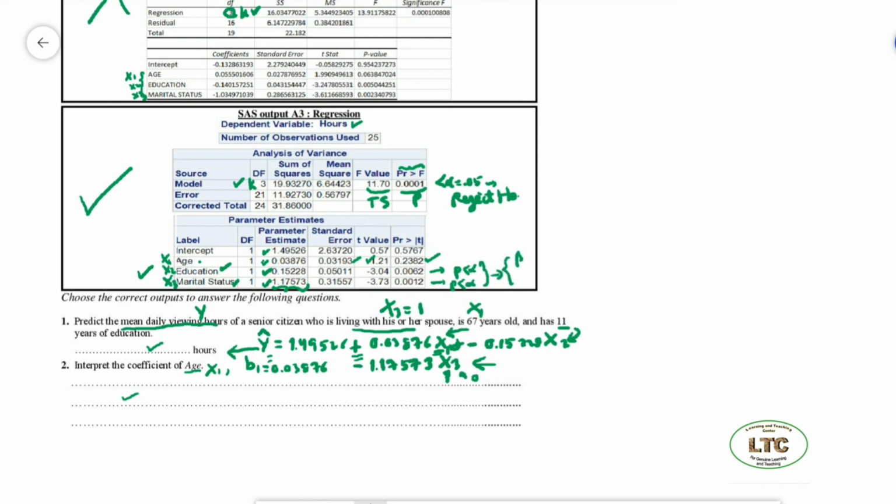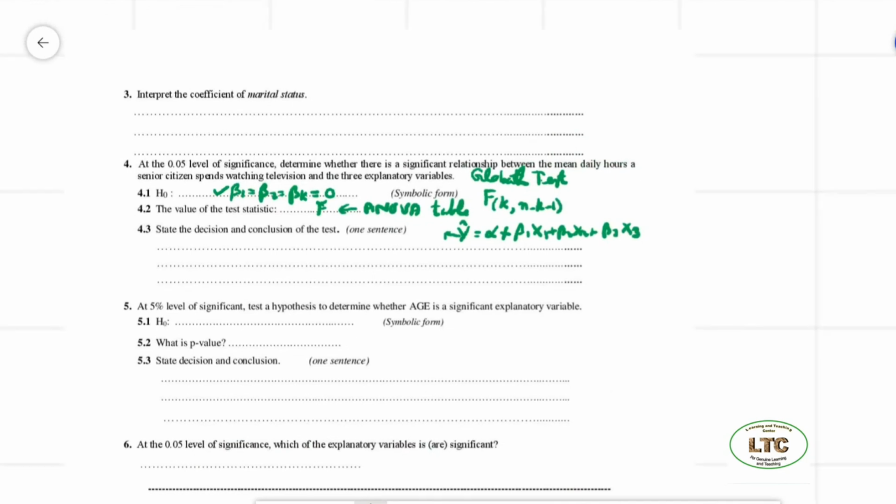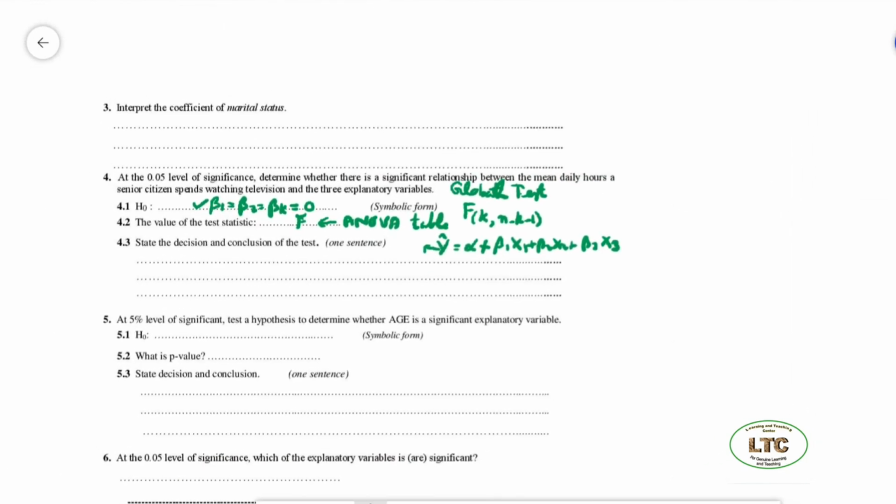So you reject H0, accept HA: beta 2 not 0, beta 3 not 0. So in this equation, we confirm that beta 2 is not 0, beta 3 is not 0, and we decide beta 1 is 0.